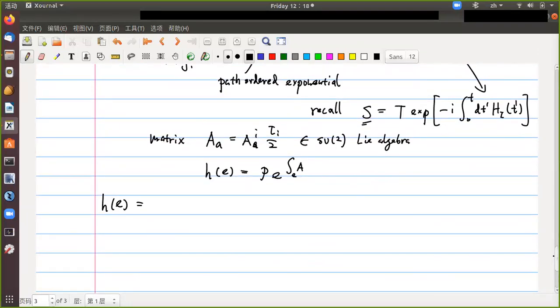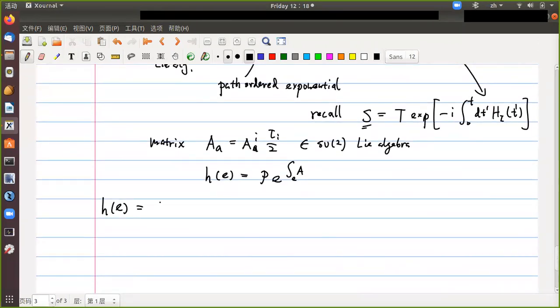Okay, so now let's come to this path ordered exponential. You can just consider this P as a linear operator, and then you can formally expand the exponential. What you get is the sum from n equals 0 to infinity, 1 over n factorial, integral from 0 to 1 ds of A(e dot).